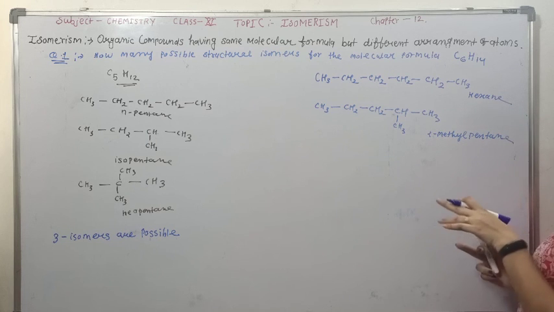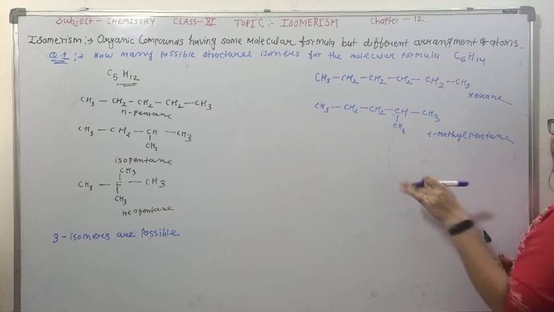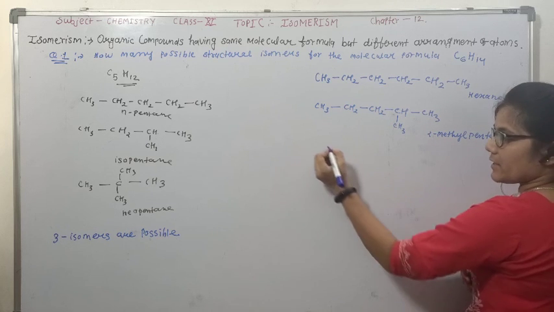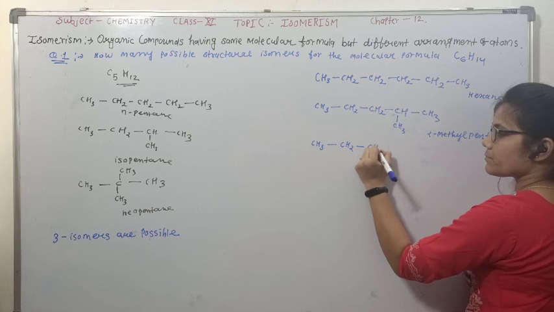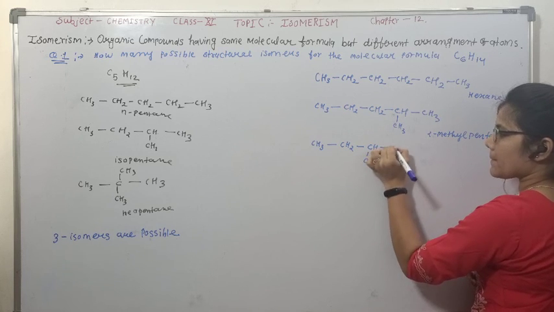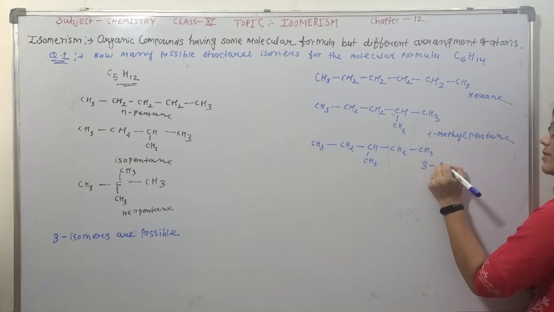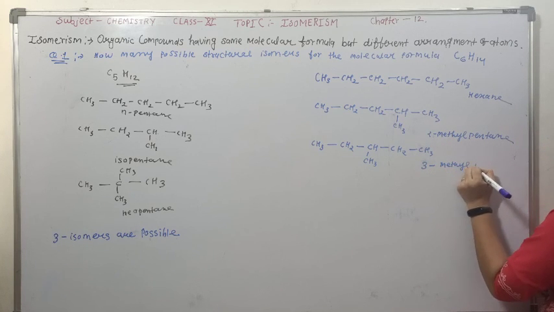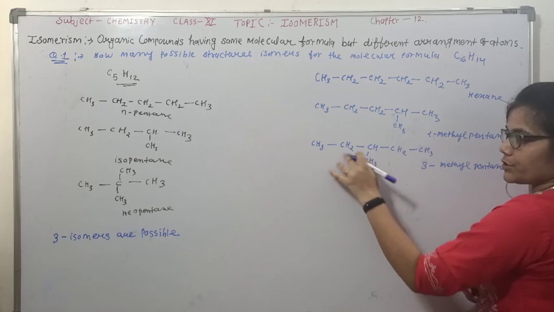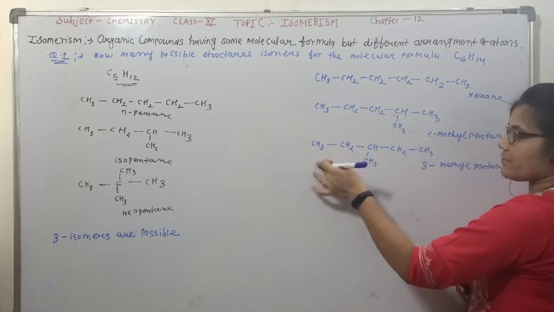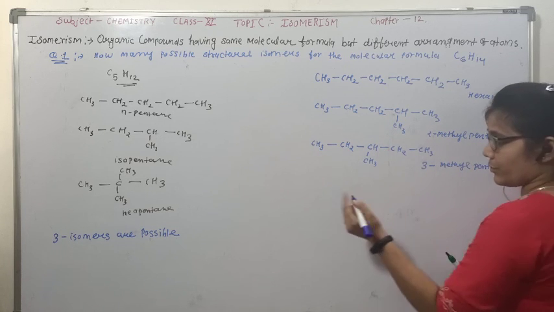Now if I change the position of this CH3 group here, then I will get a different isomer. See, it's 3-methyl pentane. Further, if I change the position of this CH3 group, it will again be 2-methyl pentane only. So there is no use of this.